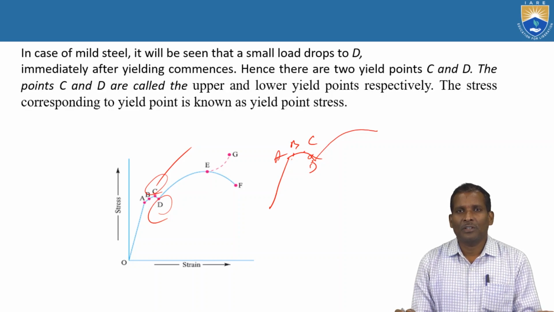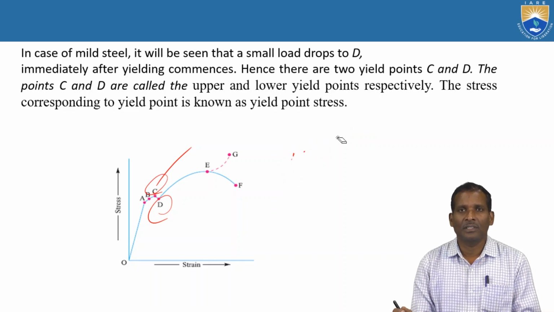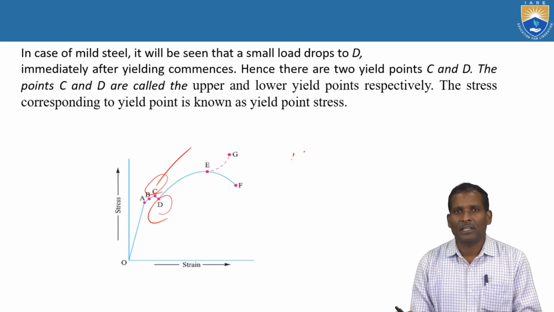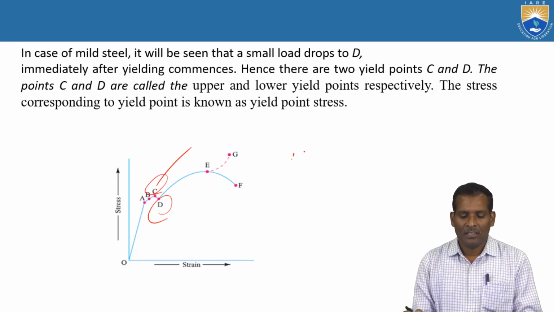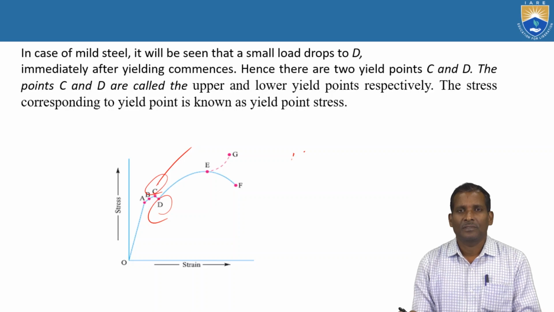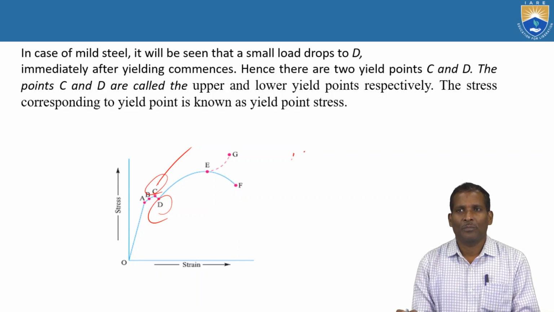The stress corresponding to the yield point is known as the yield point stress. In the example taken here, mild steel, C is the yield point that started after point B. So the material will not regain its original shape after removal of load.